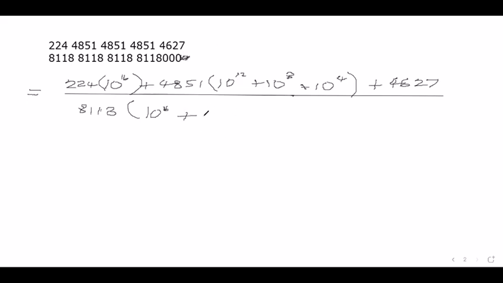All right, so you got 10 to the power of 16, and here you got 10 to the 12. The next group of this thing here will have 8 zeros.